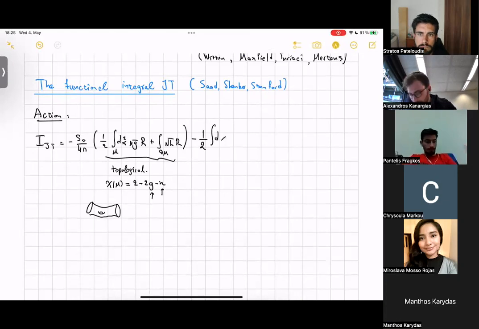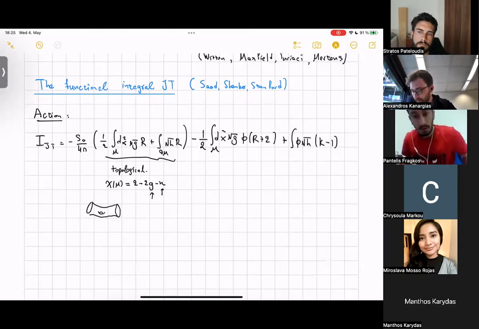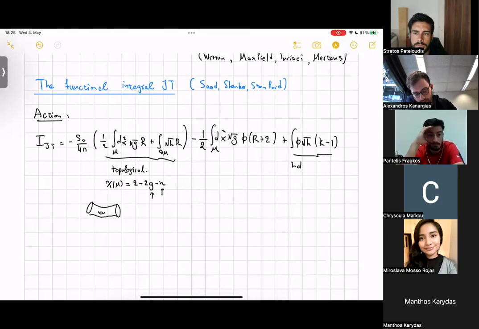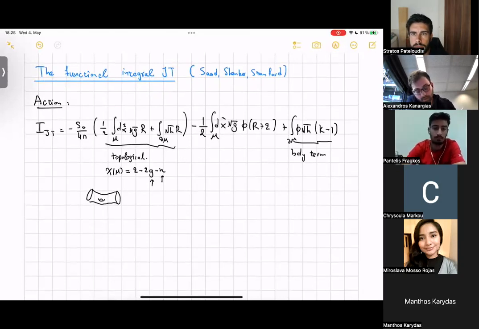Now I have the JT action that we talked about, plus phi. And now there's a boundary term.